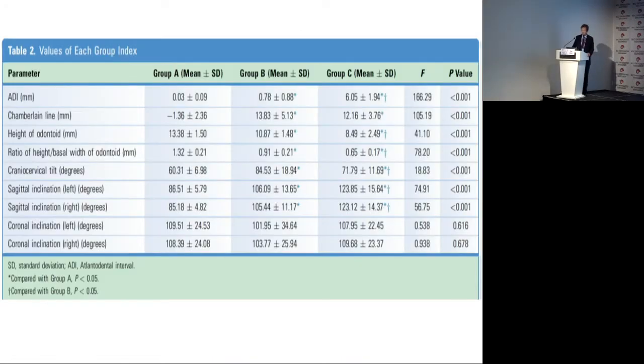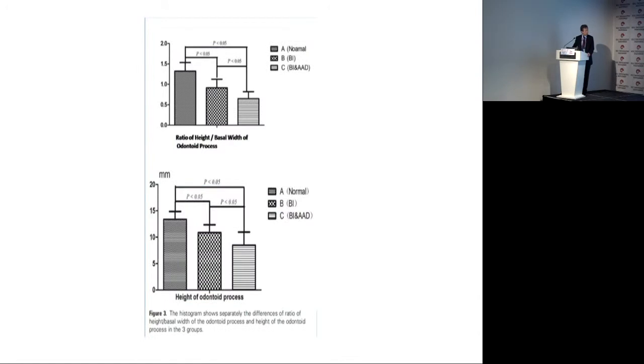This is data of the parameters. And we found that there is an obvious difference between these three groups of the ratio of the height and the width of odontoid. So that means the form of odontoid is totally different between these three groups.